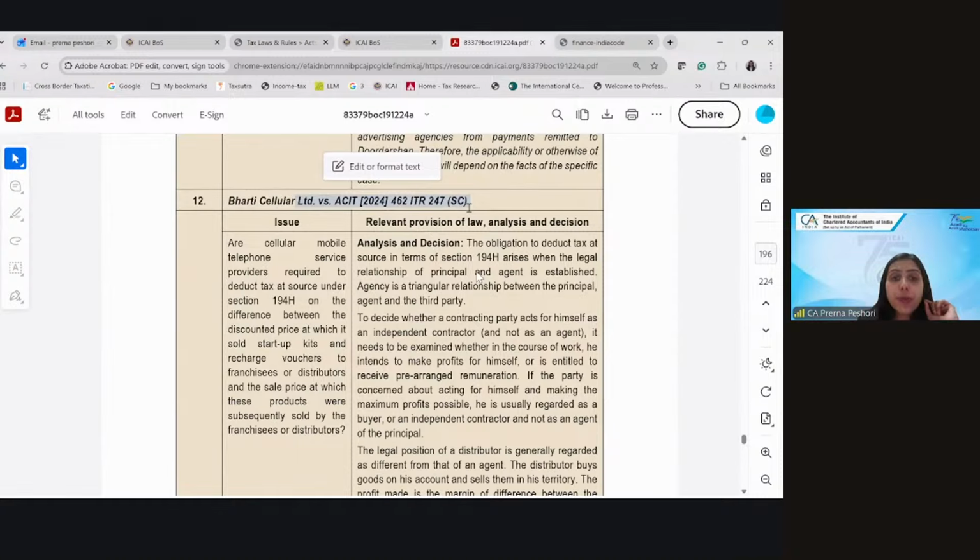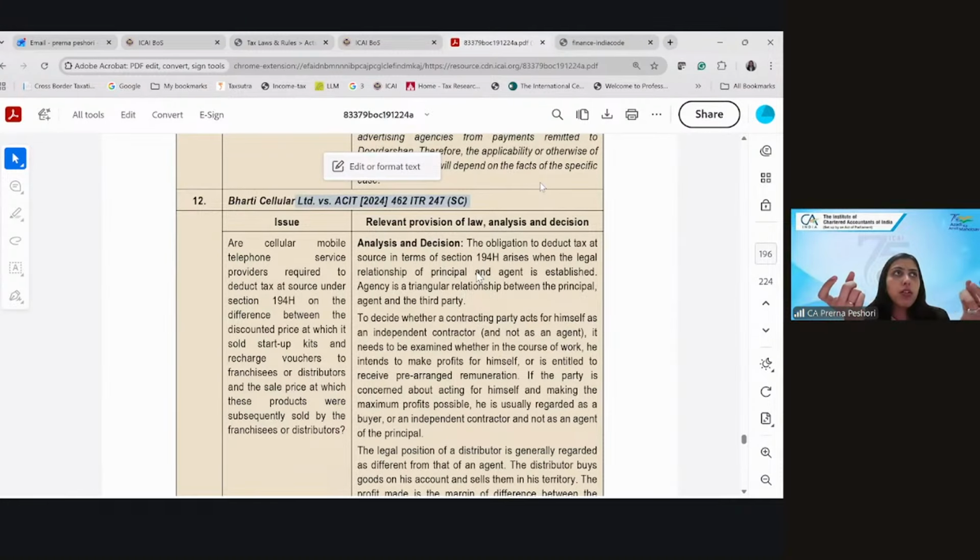Again, the question here was that when you recharge your mobile, earlier, you used to go to the stores to get it recharged. Now you can do it via the app itself. This is a very old ruling. Of course, it is given in 2024, but pertains to an old period because it takes time to reach the matter to the Supreme Court.